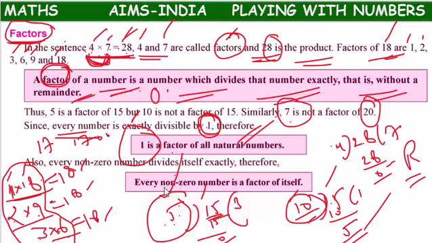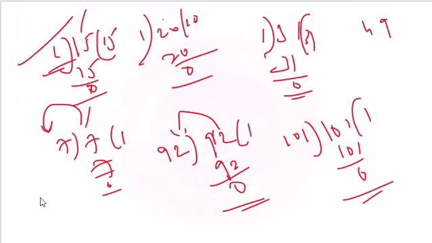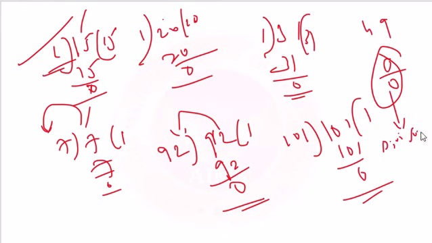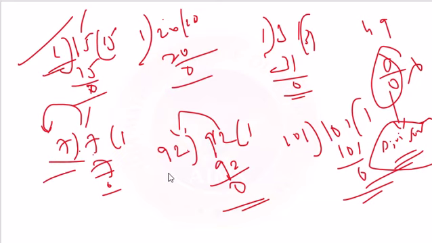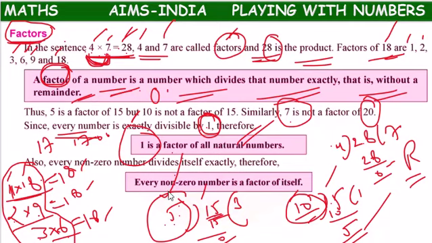But which number? 0 we should not consider, because 0 by 0 does not exist; 0 should not be in the place of a divisor. So that's why 0 is an exception. Every non-zero number is divided by the same non-zero number exactly.